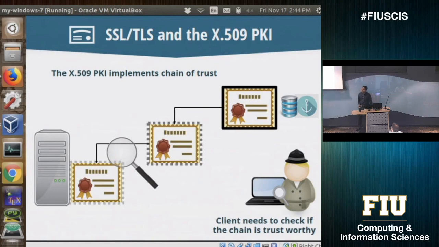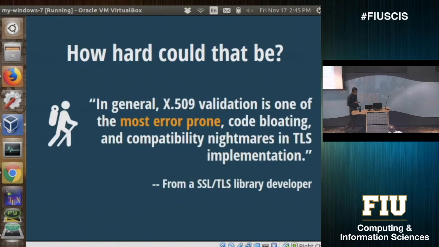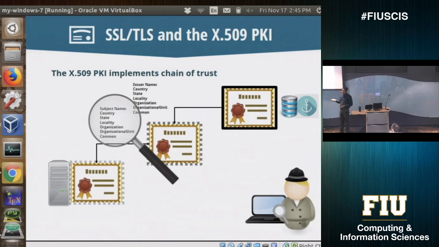Now you can ask, okay, how hard could that be? It turns out that it is one of the most error-prone and complicated pieces of code to get right. The reason is that these certificates contain a lot of fields, and those fields can sometimes be very confusing.